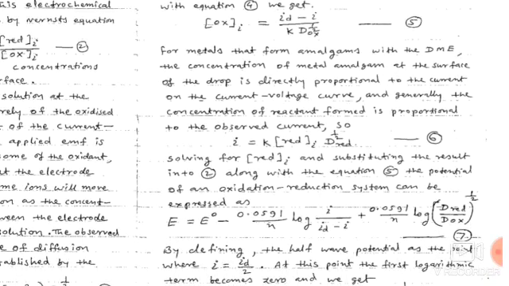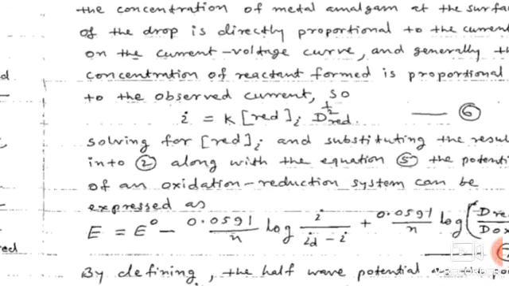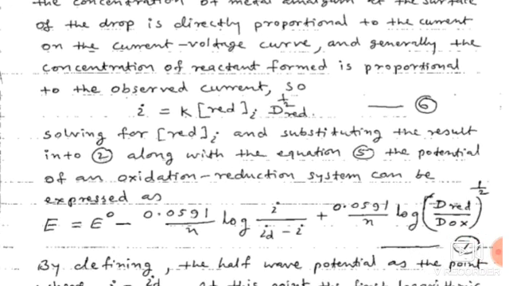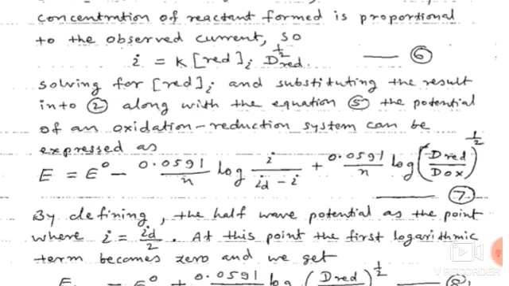For metals that form amalgams with the DME, that is the dropping mercury electrode, the concentration of the metal amalgam at the surface of the drop is directly proportional to the current on the current voltage curve, and generally the concentration of the reactant formed is proportional to the observed current. So i is equal to K into the concentration of the reductant at the electrode interface into D reduction to the power half.